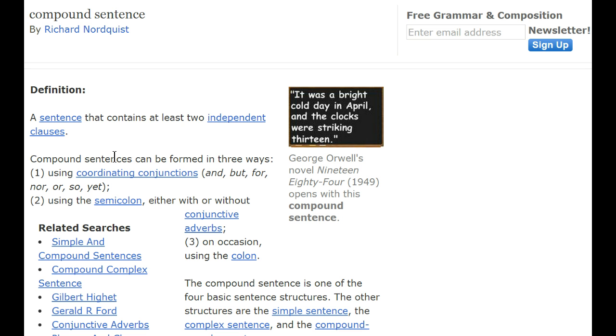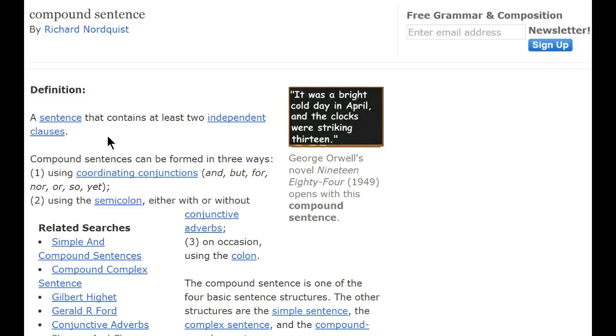Let me review that for you. A clause is a group of words that contains a subject and a verb and makes sense. It cannot be a partial one. It has to be a complete sentence that makes sense.